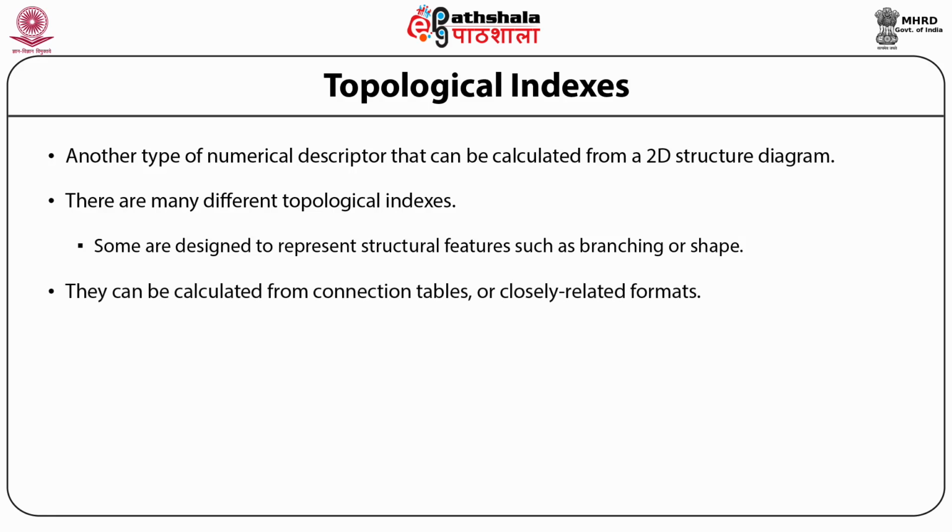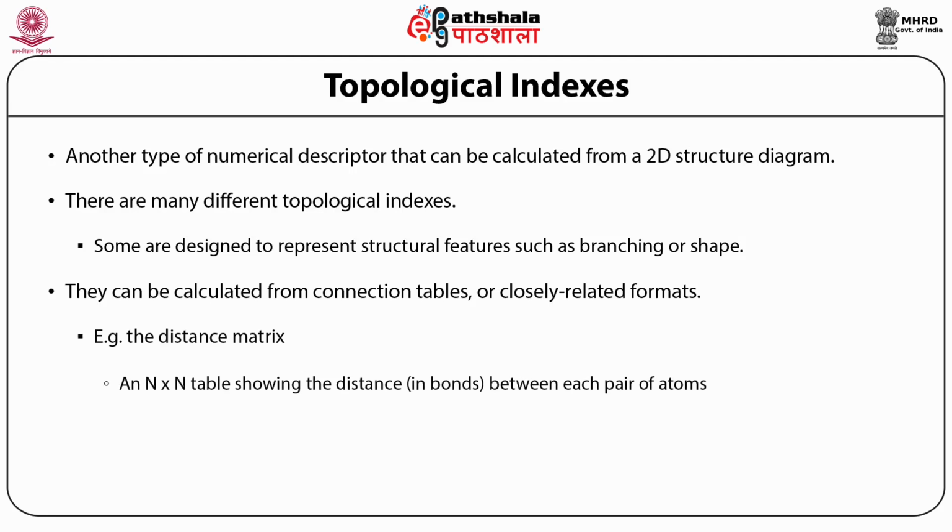This can also be calculated from a connection table or closely related formats. A distance matrix, which gives the number of bonds by which one atom is different from another atom, can also be included. These are all topological indices.